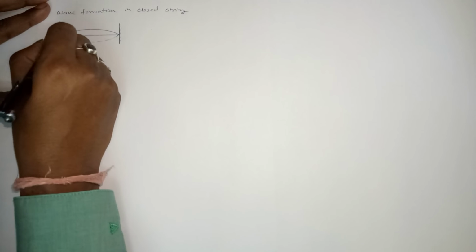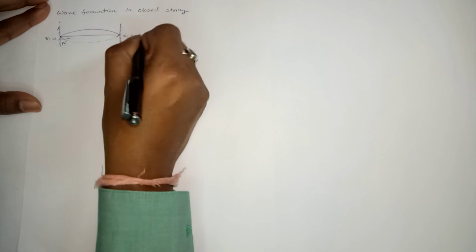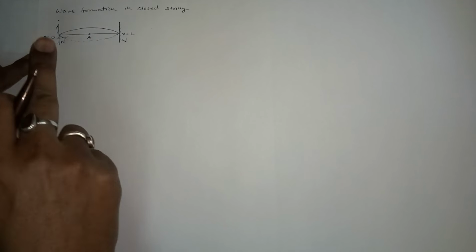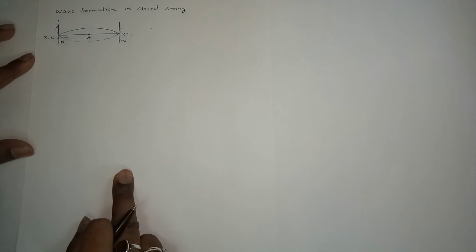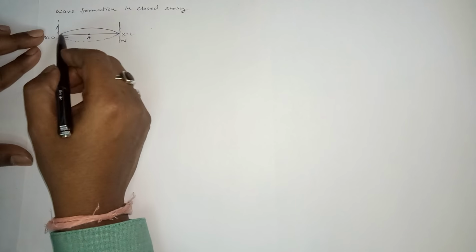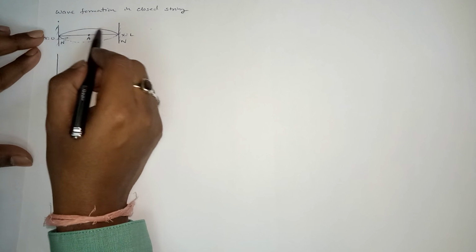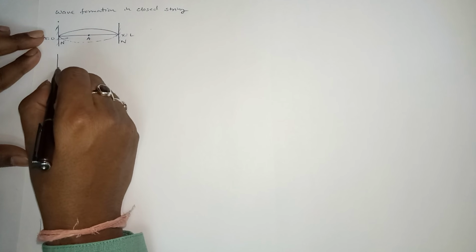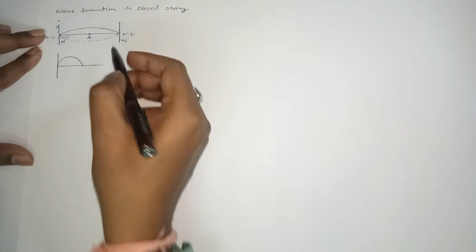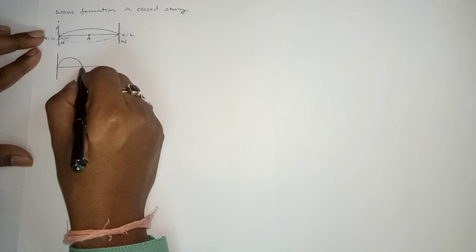Now we know that at x equal to 0 there is a node, at x equal to L there is again a node, and at this point there will be an antinode. In this diagram, try to identify how many waves are in this disturbance. Suppose this part of the wave is the positive displacement and this part is the negative displacement.